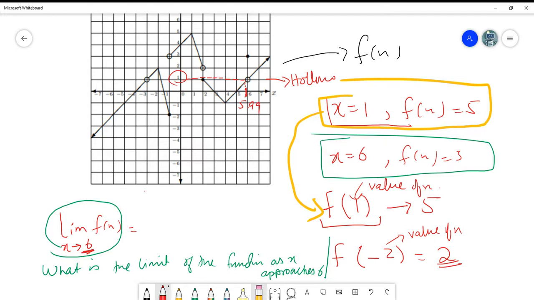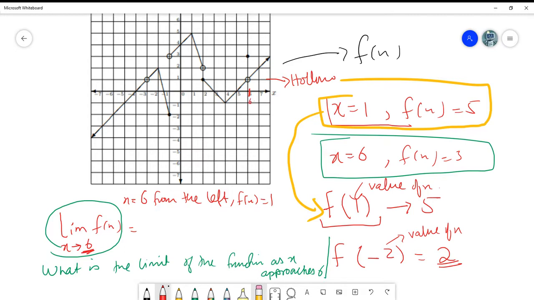So when I look at x equals 6 from the left, then f of x is 1. Similarly, I will now look at what the value is when I look at 6 from the right.